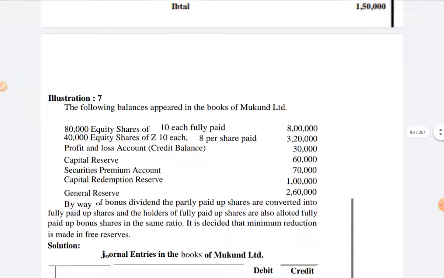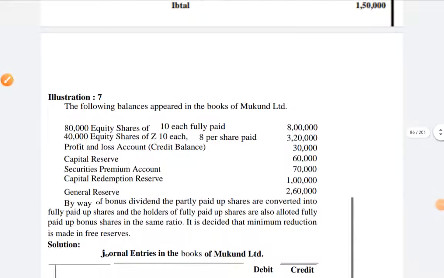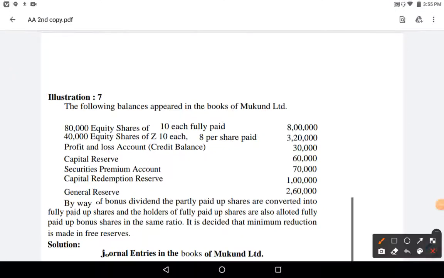It is minimum reduction in free reserves. Minimum reduction in free reserves. That is why general reserve is a free reserve.